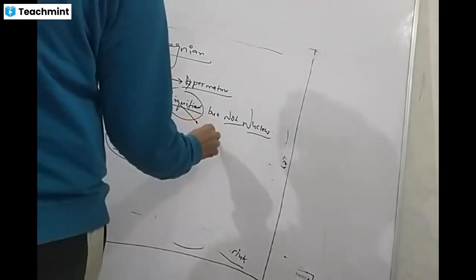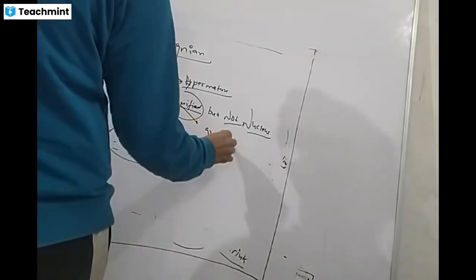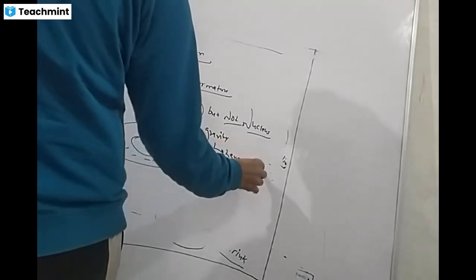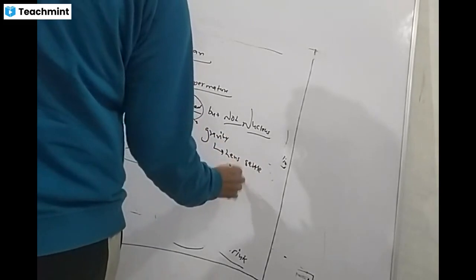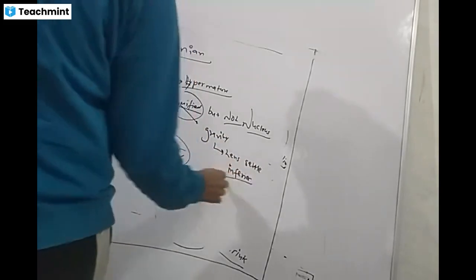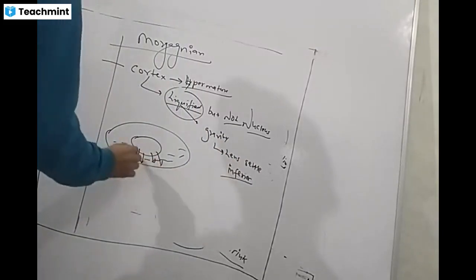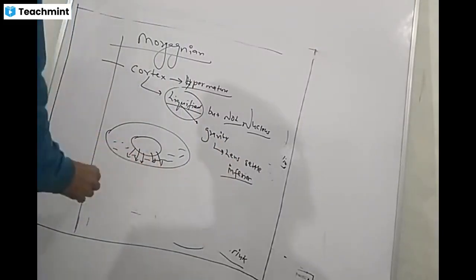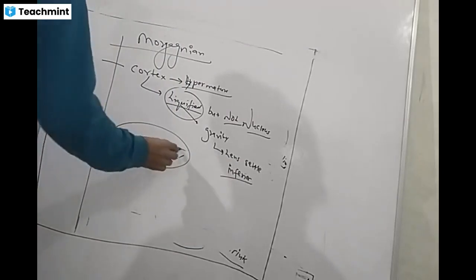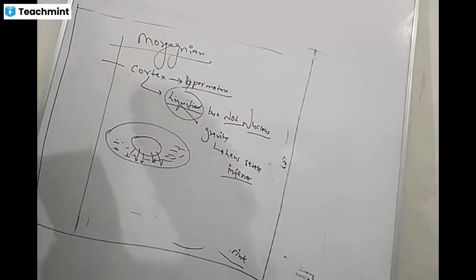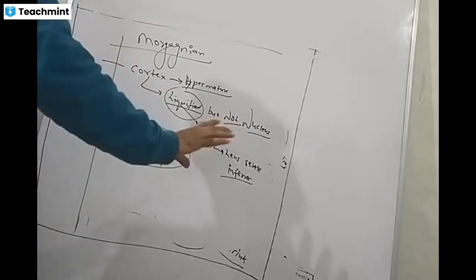Then, because of gravity, the lens settles inferiorly. The lens settles in this inferior direction because there is liquid below. Because of hypermature cataract, the cortex becomes liquefied.